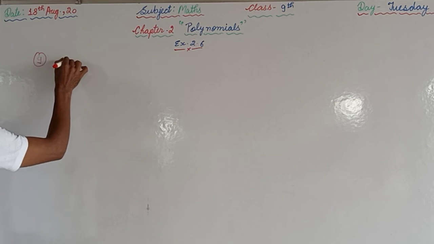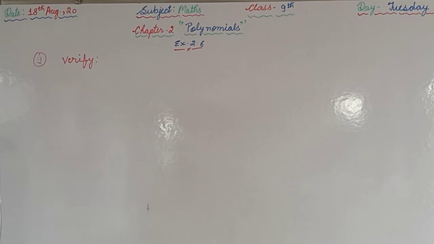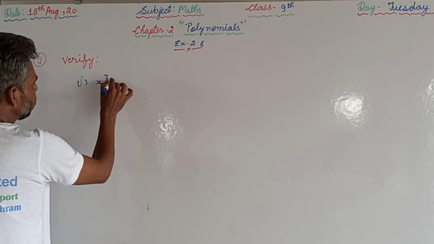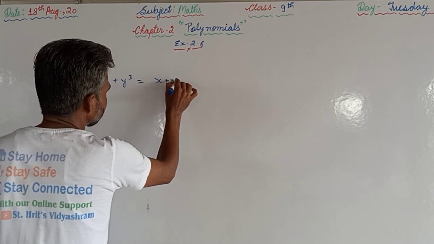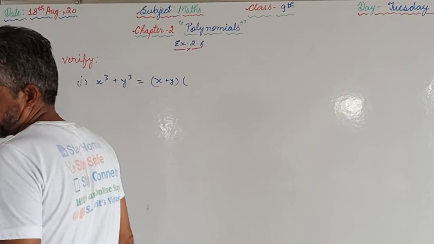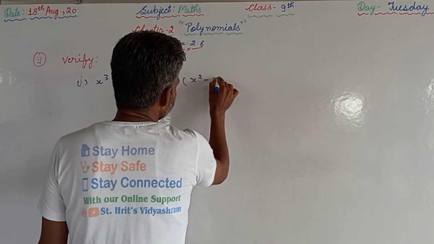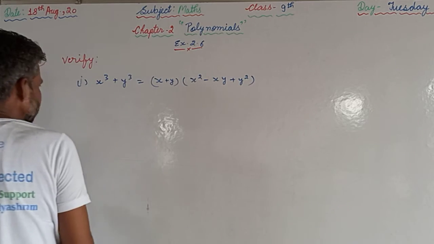What we have to verify? Verify first part, that is x cube plus y cube is equals to x plus y into x square minus xy plus y square. We are supposed to verify.